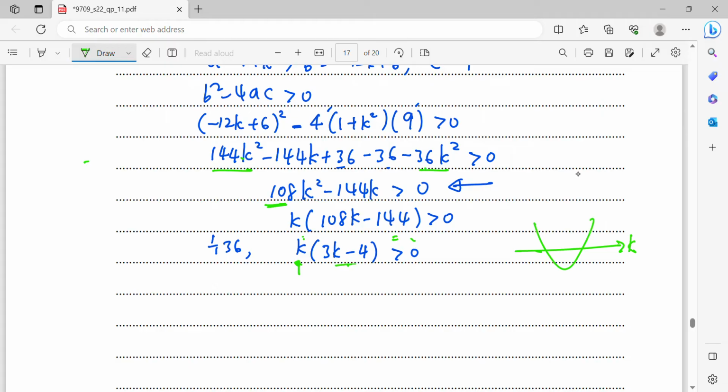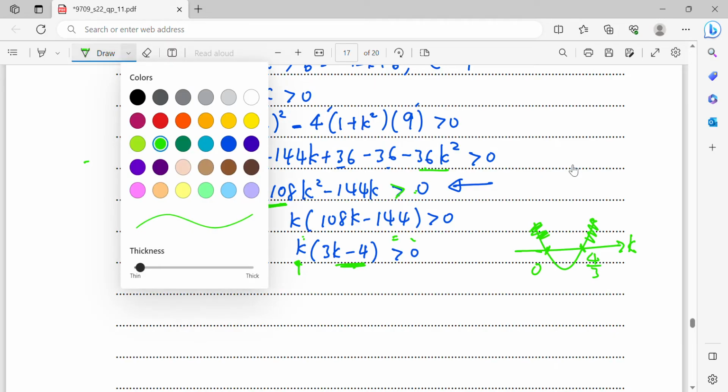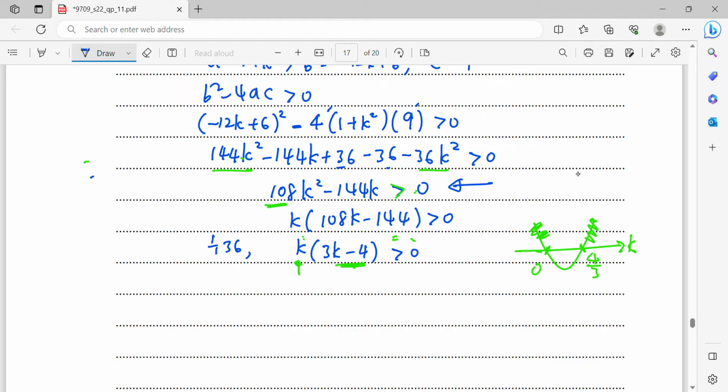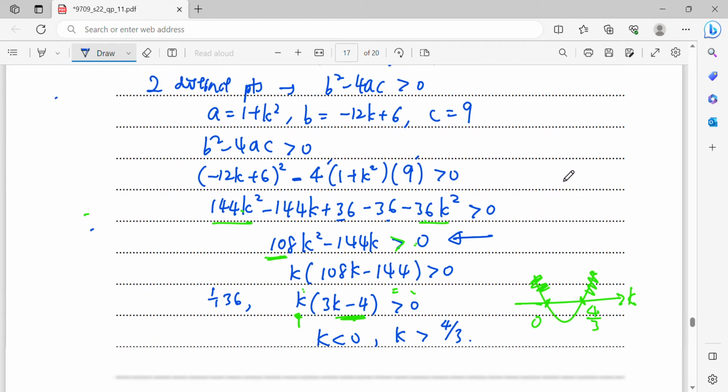Then another one here is 4 over 3. So when I label, here is 0, the other one is 4 over 3. And both graphs are greater than 0. So greater than 0 means that our values will be above the k-axis. Okay, therefore, your final answer is k is less than 0 or k is greater than 4 over 3. So that's the solution for this question.